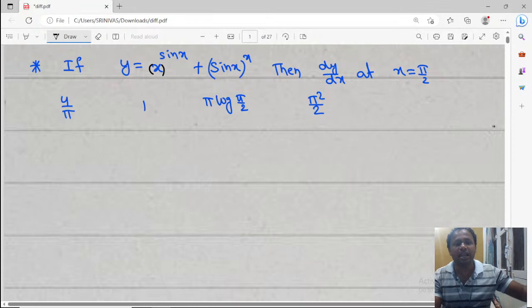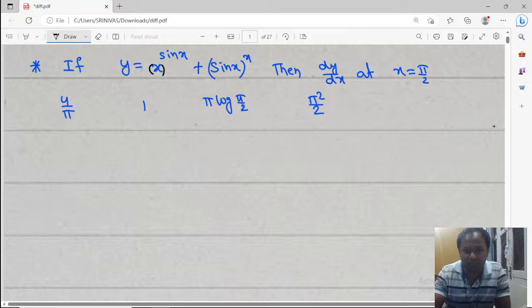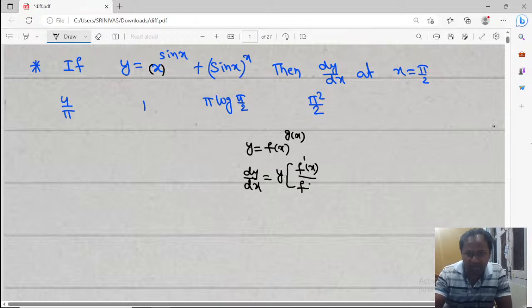By using log on both sides. For this we have one formula. If y is equal to f of x power g of x, then dy by dx is equal to y into f dash of x divided by f of x into g of x plus g dash of x into log mod f of x.